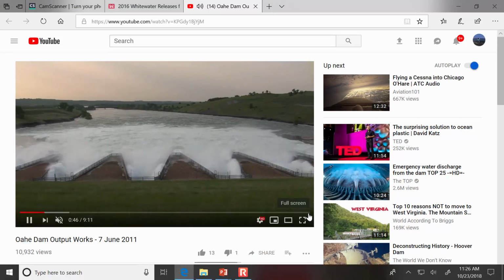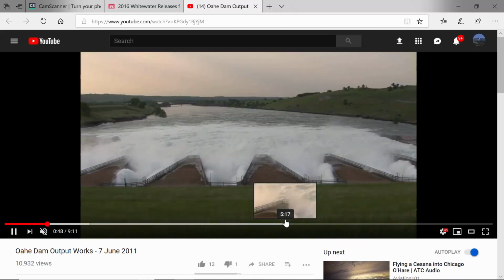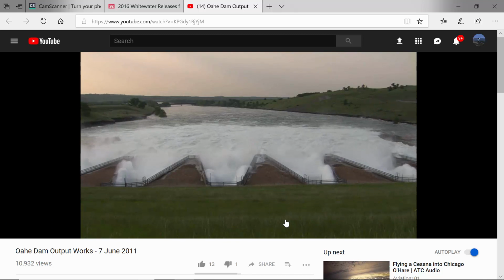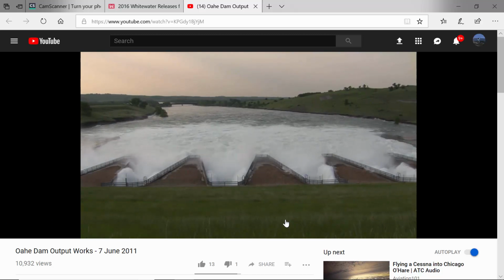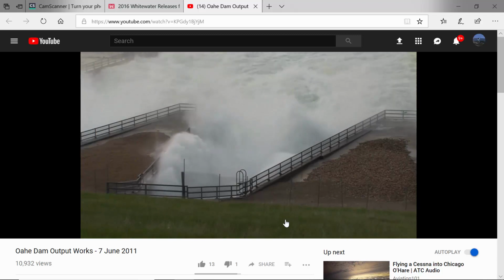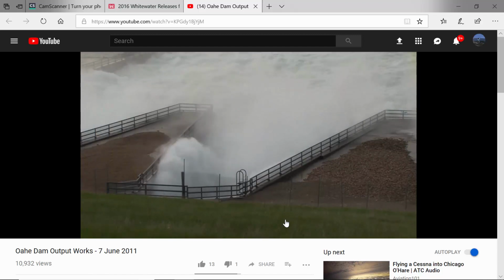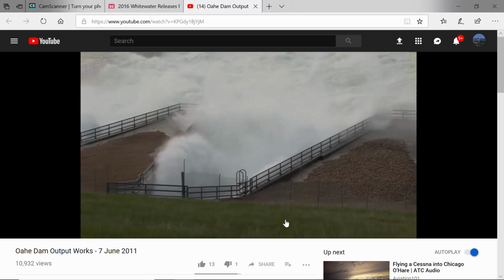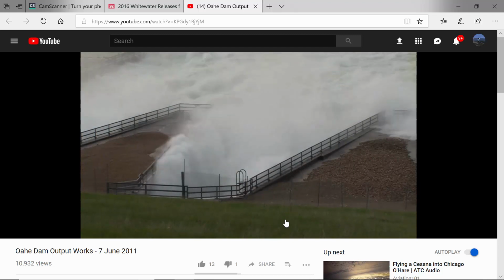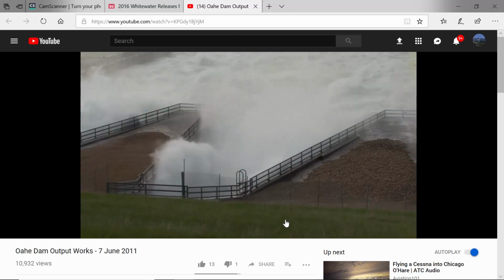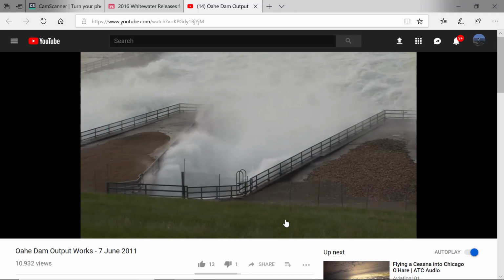All right. We'll keep it rolling, though. So how much does it flow per pipe? 18,333 CFS per pipe. All right, so there's a lot of water going through there.